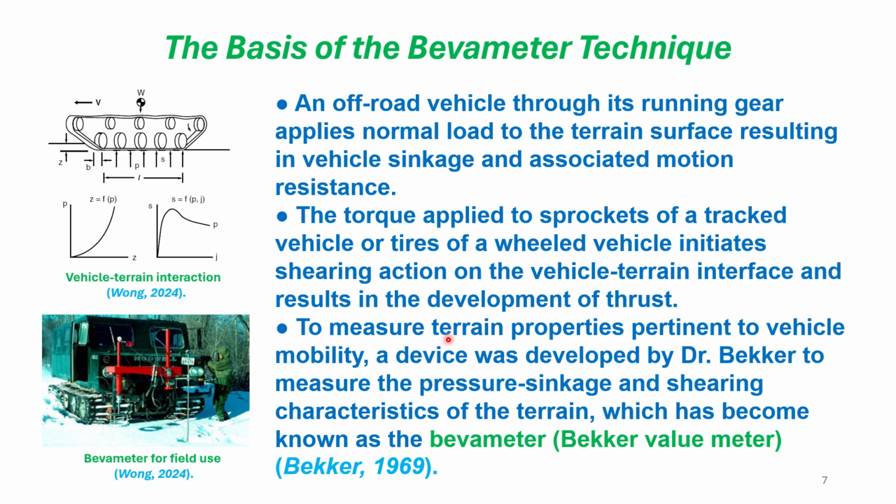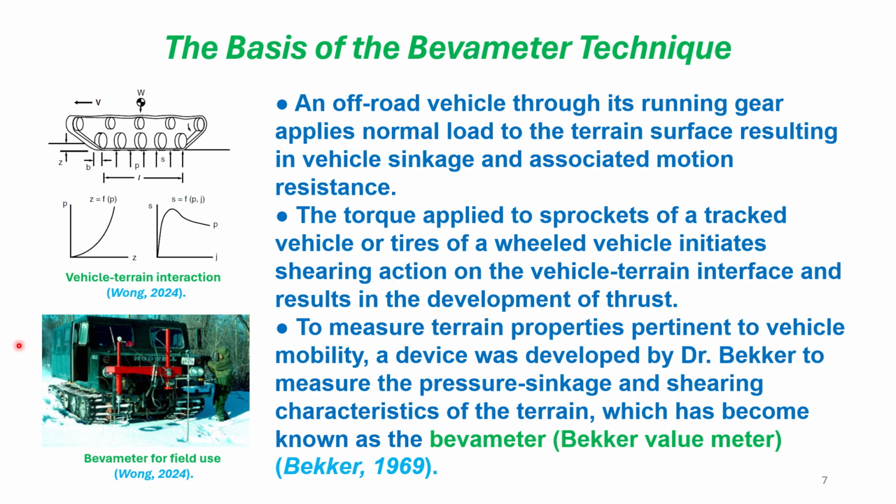To measure terrain properties pertinent to vehicle mobility, a device was developed by Dr. Bekker to measure the pressure-sinkage and shearing characteristics of the terrain, which has become known as the Bevameter, or the Bekker value meter.